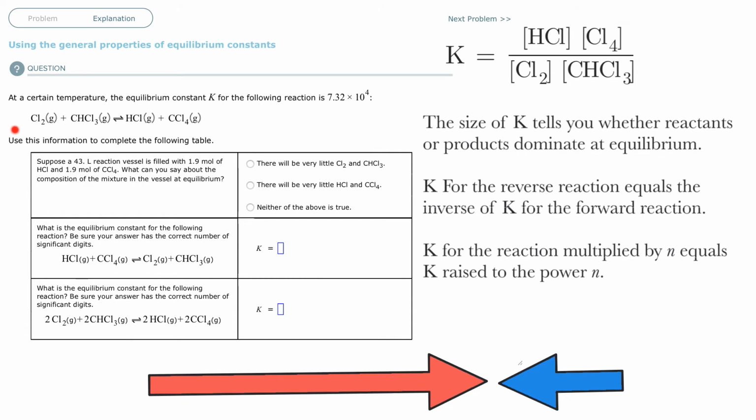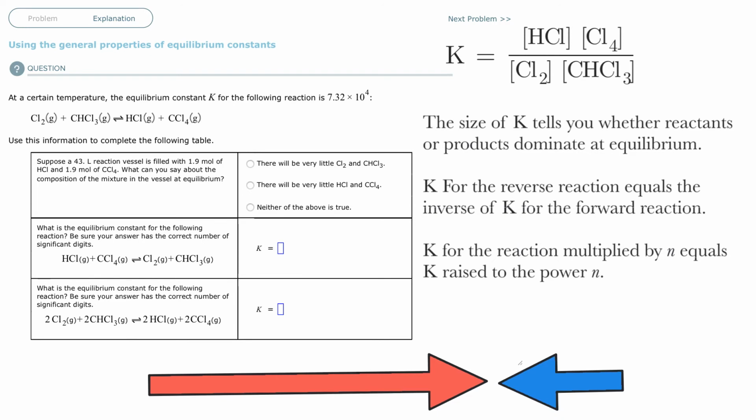So if I have Cl2, that's going to be Cl2 concentration to the first power. If I have CH3, that's a concentration of CH3 to the first power. But if I had a different number here, a 2 or a 3 or a 4, then whatever the coefficient is becomes the power of your concentration.